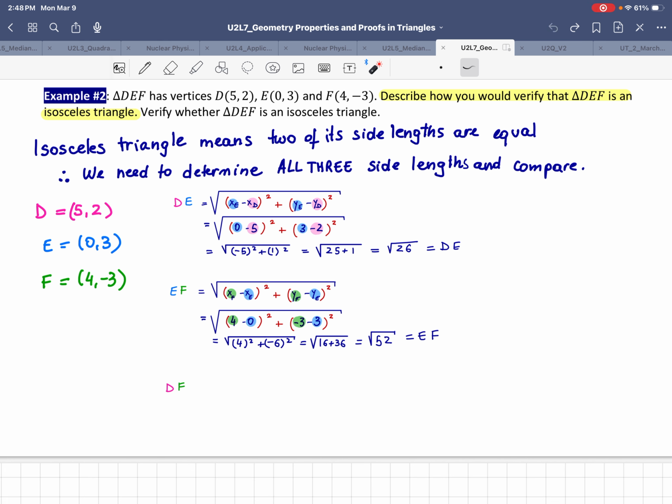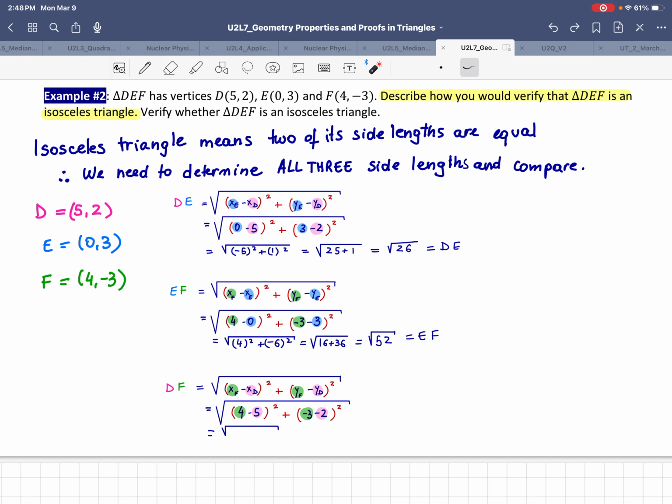So DF would be equal to the square root of, again from D to F, x at F minus x at D squared plus y at F minus y at D squared. Now we'll substitute the values. So we have 4 minus 5 squared, and then negative 3 minus 2 squared.